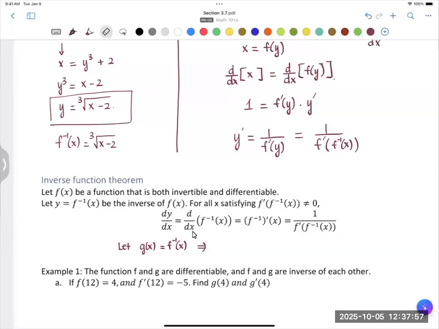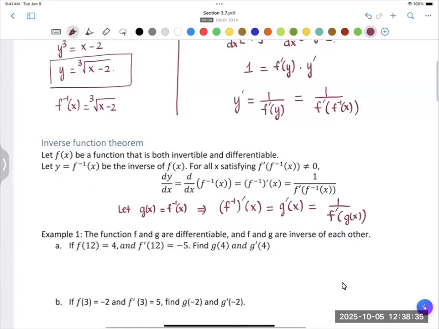So if we let g of x equal f inverse of x, this can also be written as f inverse prime of x, or g prime of x, is equal to 1 over f prime of g of x. So the notation can be rewritten or replaced back and forth, depending on how you want to label them. It's just easier for us to use when we solve the problem.